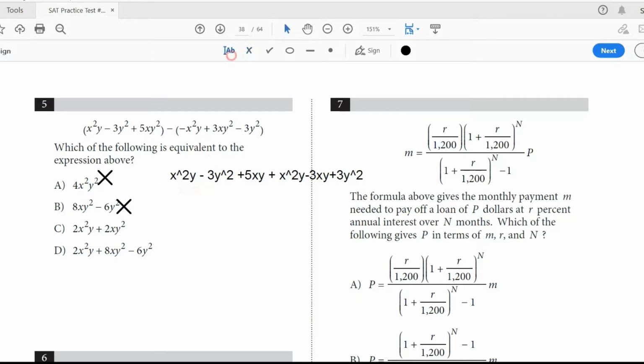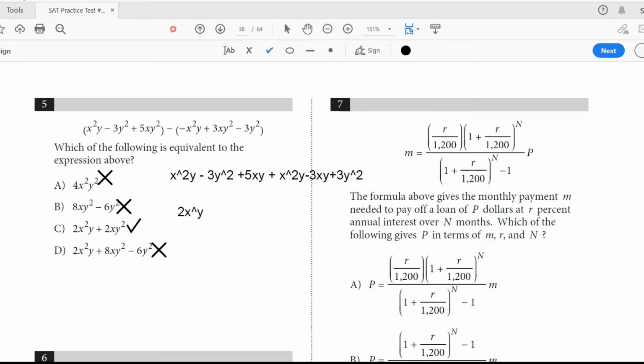Therefore, we'll have 2x squared y. Then we have to subtract minus y squared and plus 3y squared. So that means it's automatically 0y squared, so we cross off this as well. That leaves us with the correct answer of C.